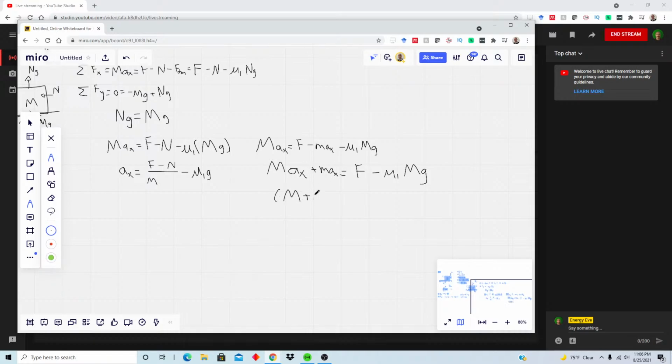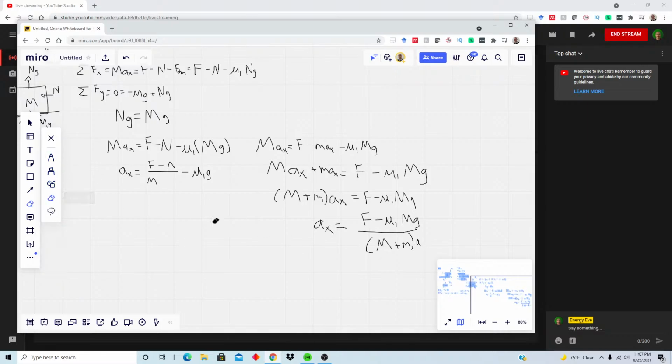We'll get M plus m ax is equal to F minus mu1 Mg. So ax is equal to this mess over M plus m. Nope, the ax remains. We just divided by this side.